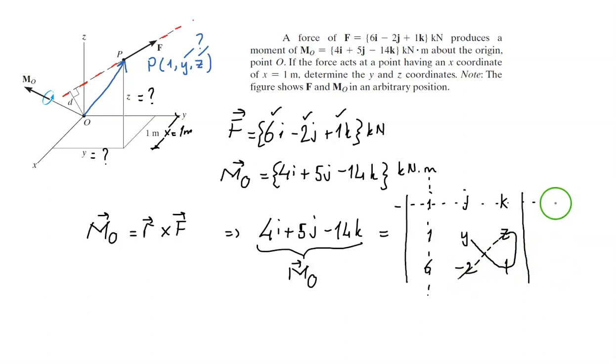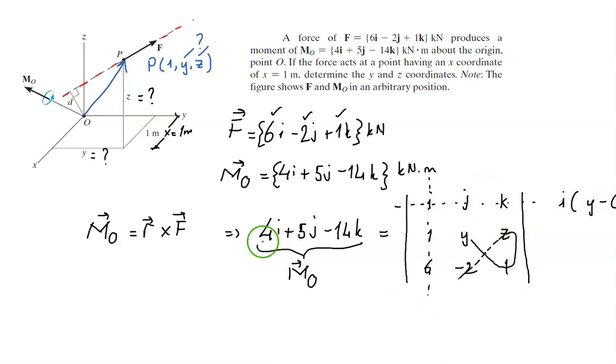So the i component would be y minus 2 times z, which is y plus 2z. The rest would be in a similar fashion.